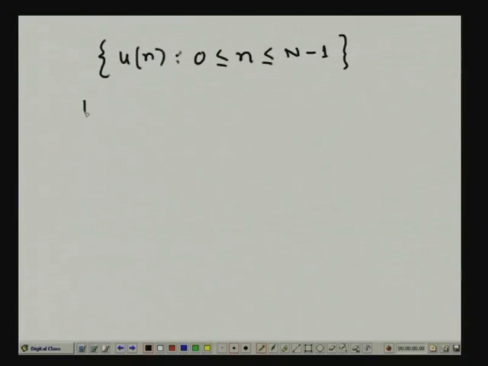So, I can represent this set of samples by a vector, say u, of dimension capital N. And for transformation, what I do is I pre-multiply this vector u by a unitary matrix A of dimension n by n.